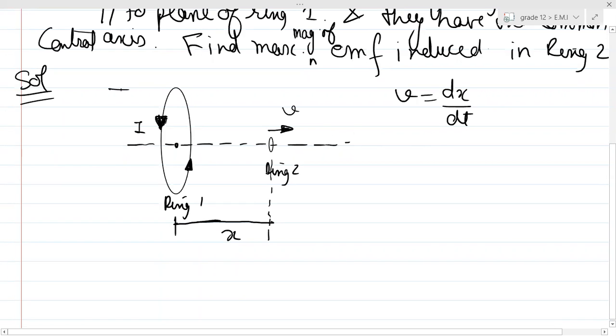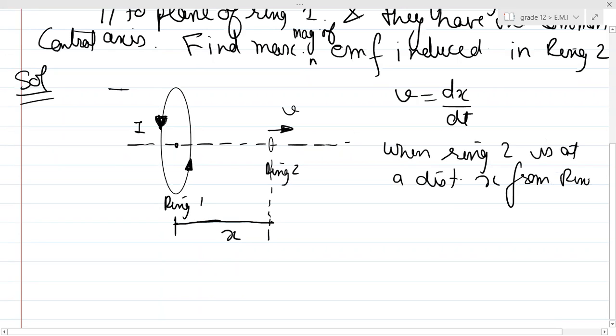So suppose when ring 2 is at a distance x from ring 1, then the magnitude of flux through it will be B into A into cos theta. Let's take cos theta as 1, because the magnetic field will be like this or this, so the angle with the area vector will be either 0 or 180.